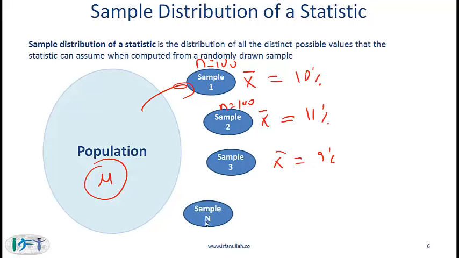You keep drawing samples, and you will notice that there is a certain distribution of the sample means, and that is called the sample distribution of a statistic. So now this definition will make more sense. Sample distribution of a statistic is the distribution of all the distinct possible values that the statistic can assume when computed from a randomly drawn sample.